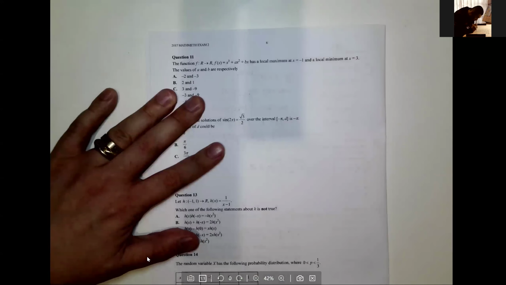And then define df of x equal to shift minus x, f of x. And we just solve simultaneously. df of -1 equals 0, df of 3 equals 0 for a, b. And a is -3 and b is -9. So option D, -3, -9.